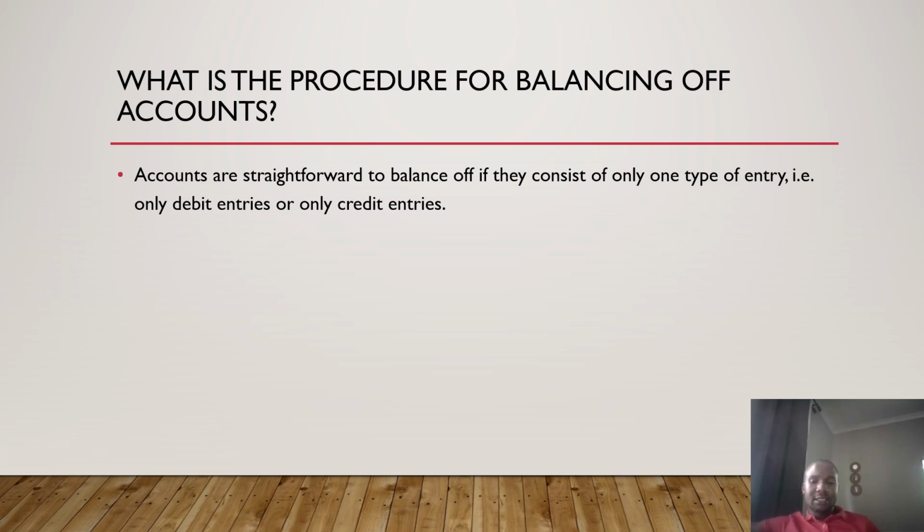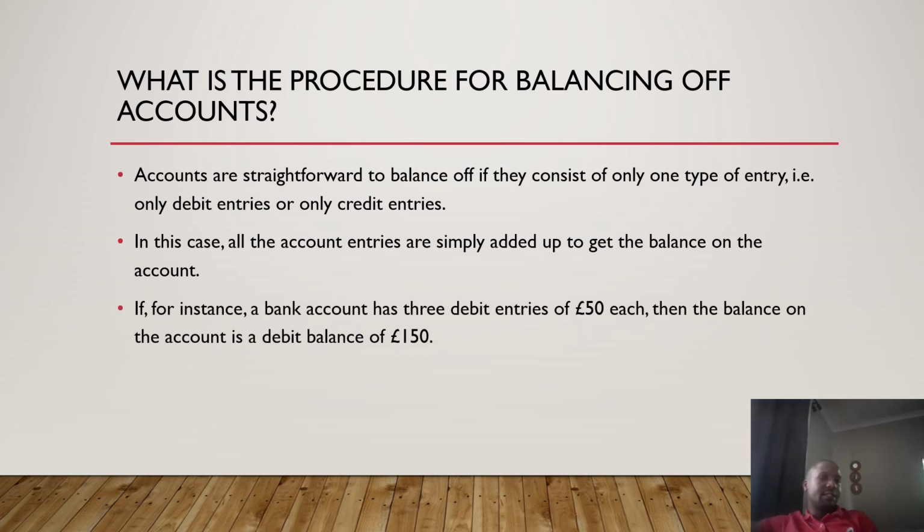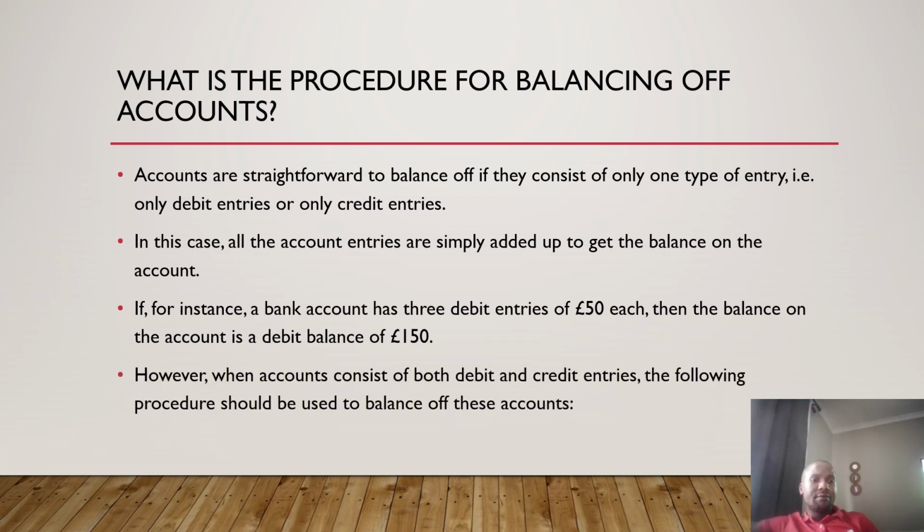Those ones are just straightforward to balance, because in this case, all the account entries are simply added up to get the balance on the account. For instance, if a bank account has 3 debit entries only of £50 each, the balance on the account at the end of the reporting period will be 150. We have simply added the 3 debit entries to come up with a debit balance of 150.